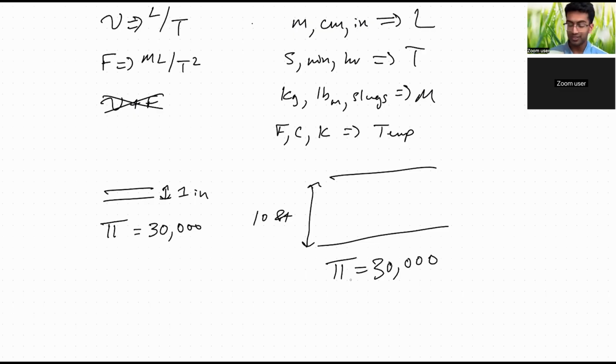And this is what allows us to scale things from small to large. There are a lot of dimensionless numbers or dimensionless groups that we can derive with Buckingham pi. And we need to make sure that when we scale up from a small to a large system, that the dimensionless numbers are matching.